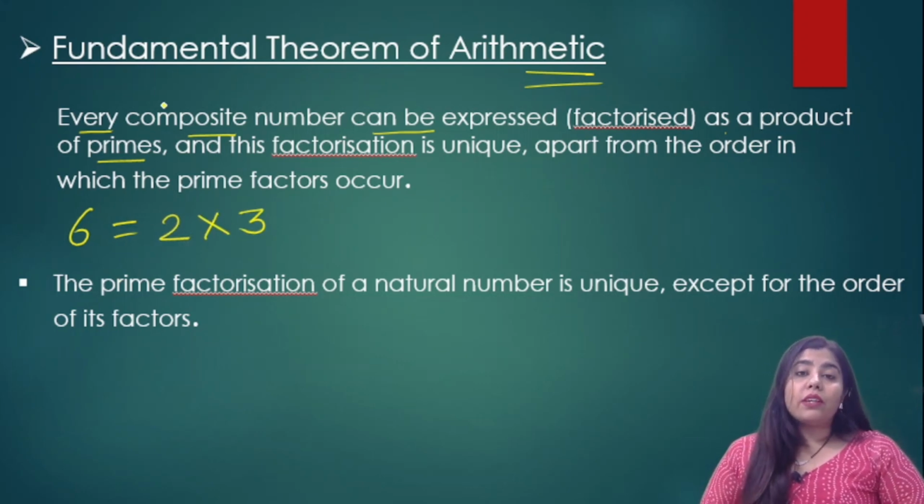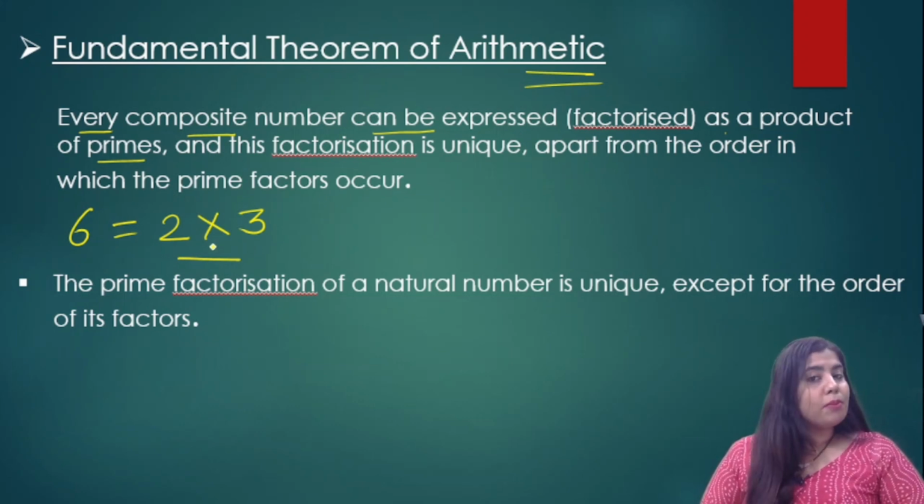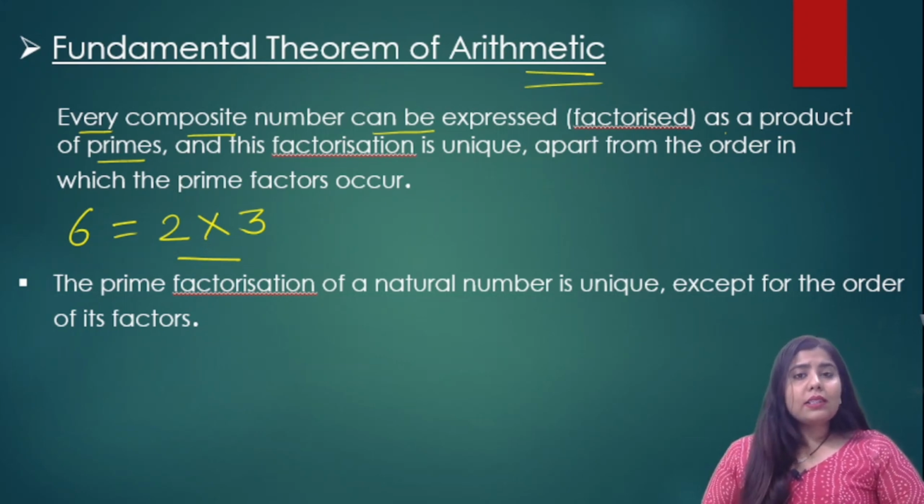Now see carefully. What does this first line mean? Every composite number, we took the composite number 6, can be expressed as a product of primes. 2 multiply 3, you can clearly see that 2 and 3 both are prime numbers. So is it clear that we can express composite numbers as a product of primes?